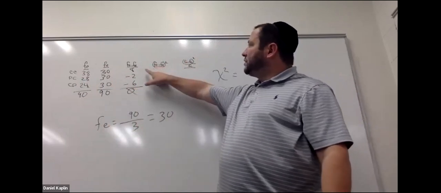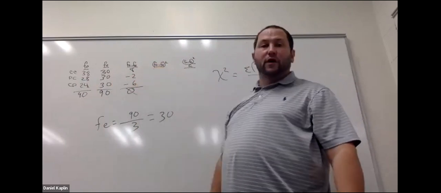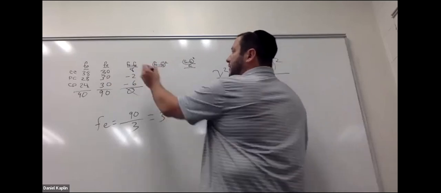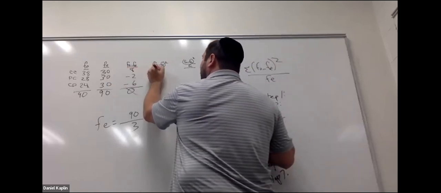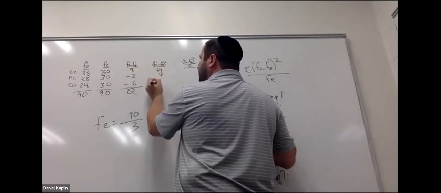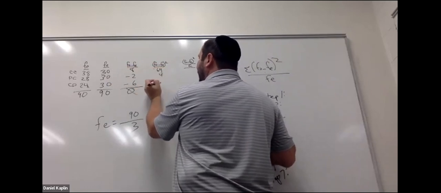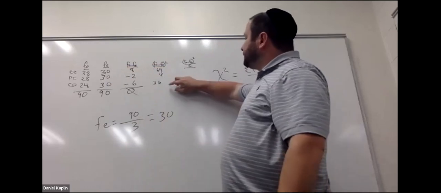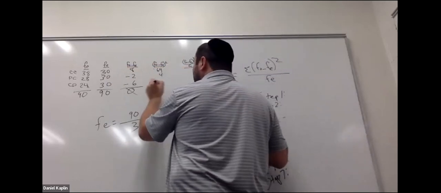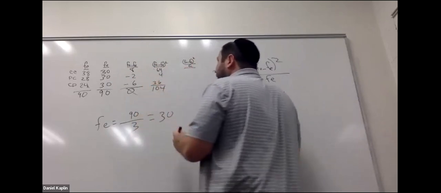So now we square these numbers to get our FO minus FE squared. So 8 squared is 64, 2 squared is 4, and 6 squared is 36. So what we have if we add this column up is 104.